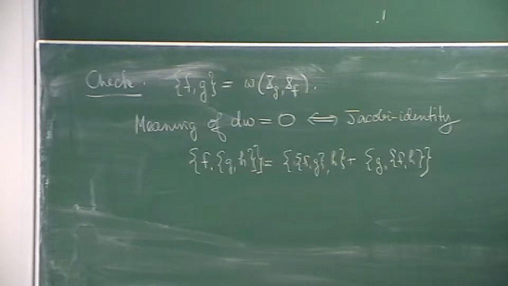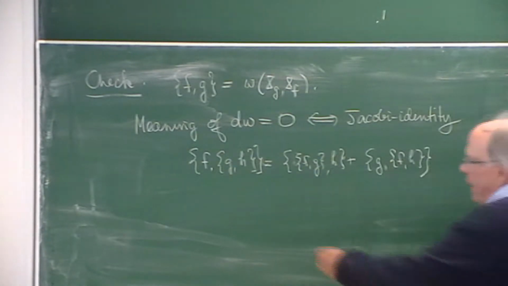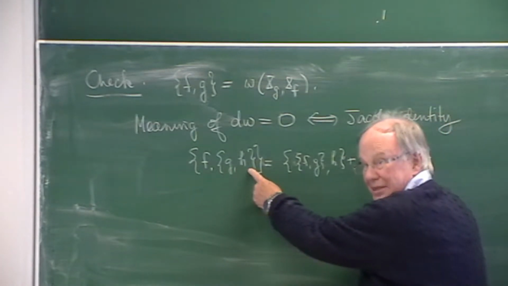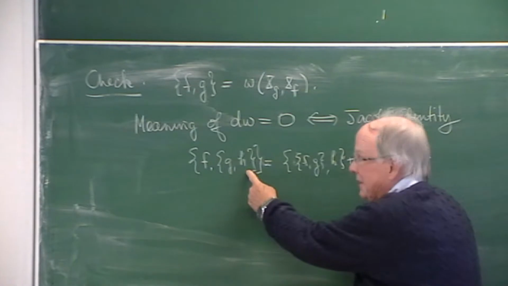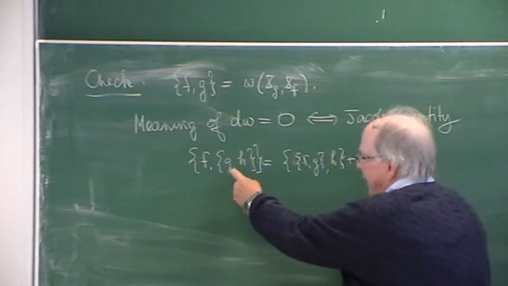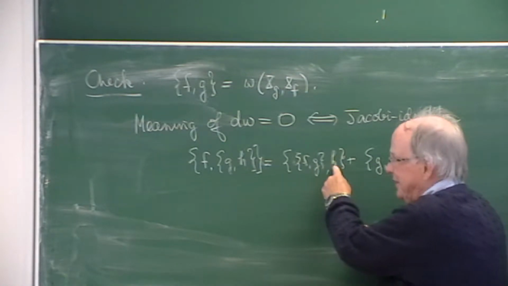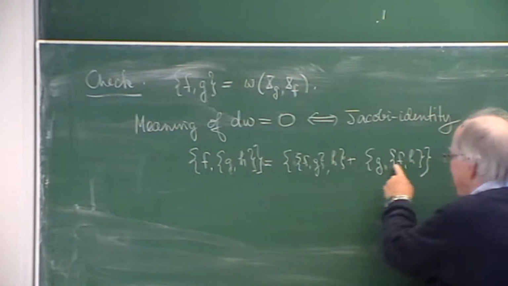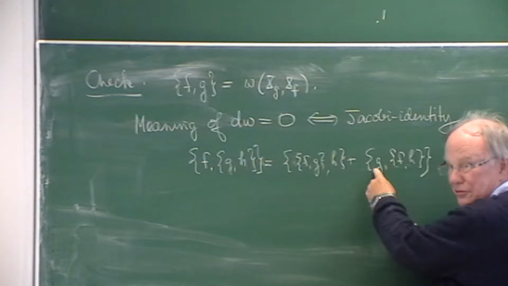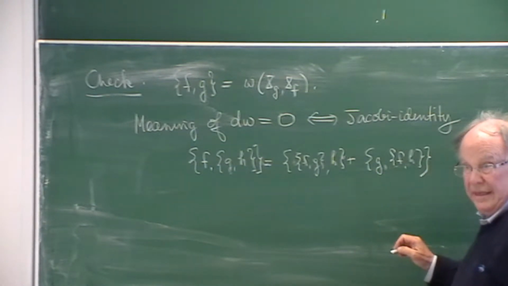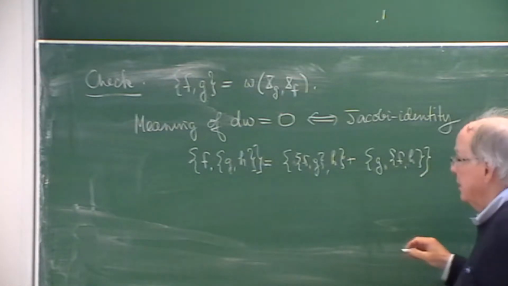When people see this for the first time, they think it's completely insane. But if you think of F acting as a derivation on this product, it's F acting on the first factor times H, plus F acting on the second factor with G on the first. So it's exactly the derivation rule. Jacobi identity is precisely a derivation rule.